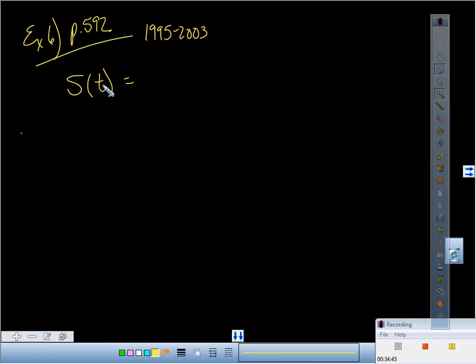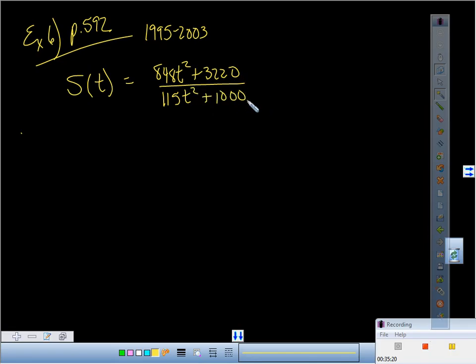We're hoping they go up. If you have a business and your sales don't go up with time, you're not going to have a business very long, right? Here's the equation, kind of a crazy one: S of T equals 848t squared plus 3220 over 115t squared plus 1000.